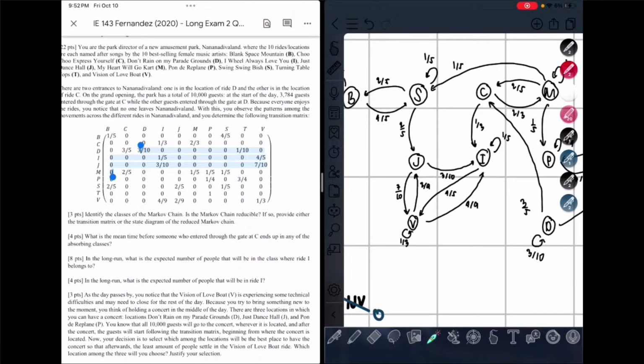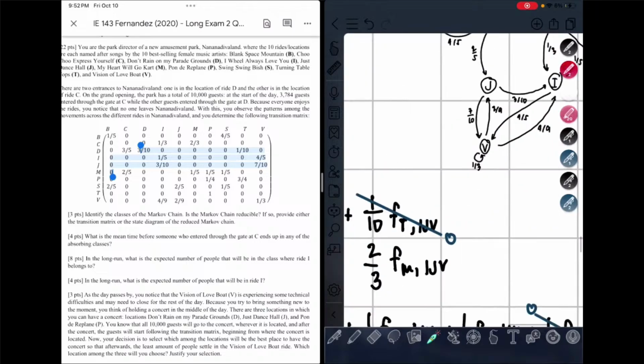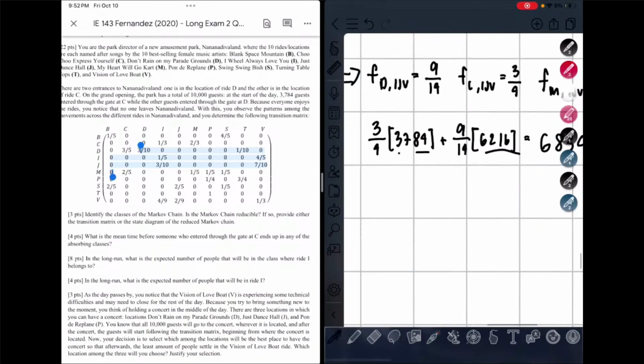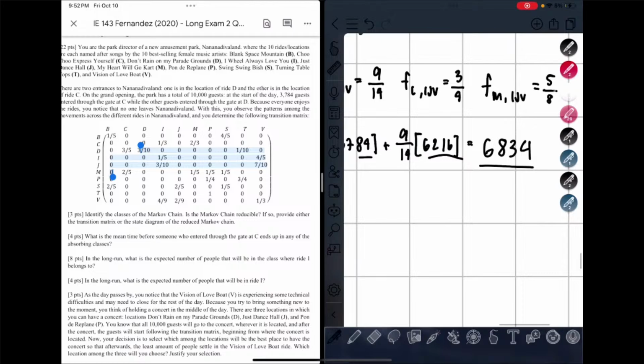This means that within this class, there's a way to get steady state probabilities within the class. As long as we're only referring to this part, we can get steady state probabilities even if there are recurrent classes. So what this looks like is, we know 6834 will go here.